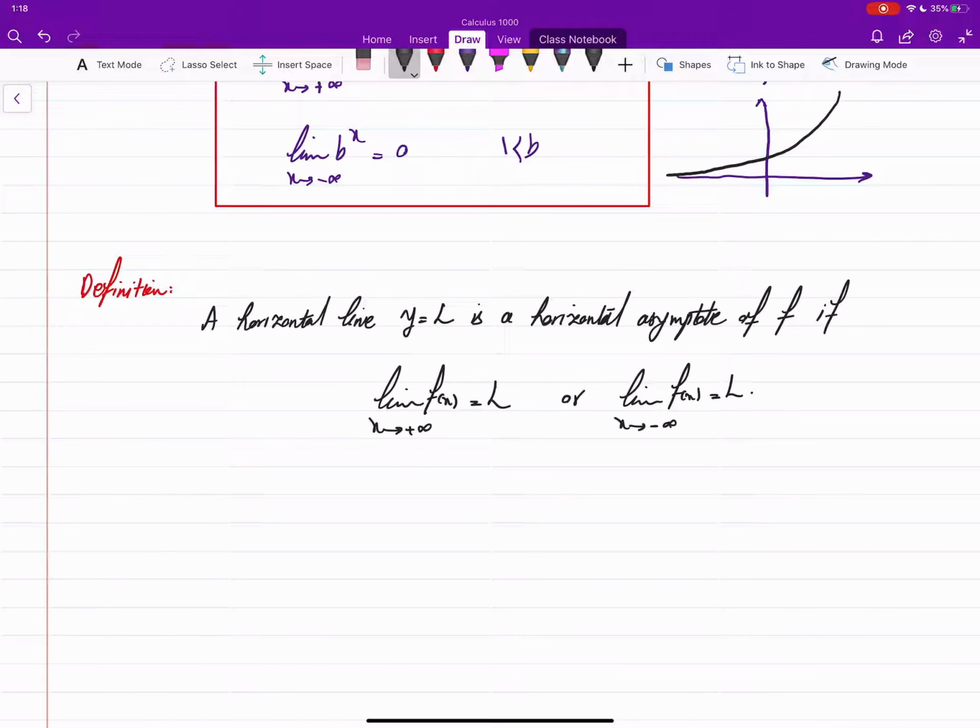If any of these happens, then we say y equal to L is a horizontal asymptote for the function.